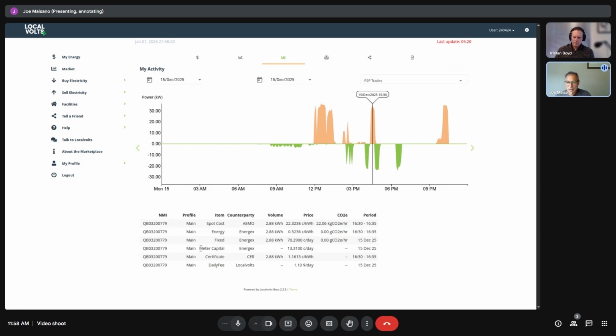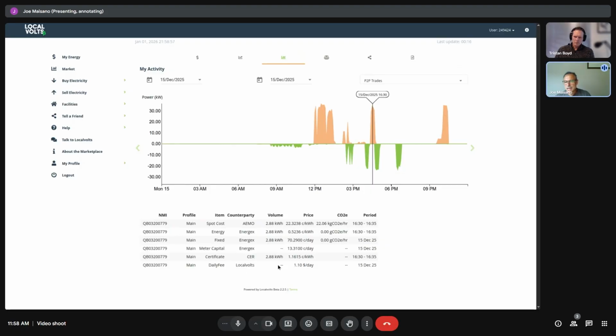So we also have here a meter capital charge. Energex are levying this meter charge of 13 cents a day on the capital charge of the meter. And all these charges, we pass them through, so we'll get an invoice from Energex for the network charges and the meter capital charges, and we pass these charges through. We have a certificate charge here at a current rate of 1.16 cents per kilowatt hour on this 2.88 kilowatt hours.